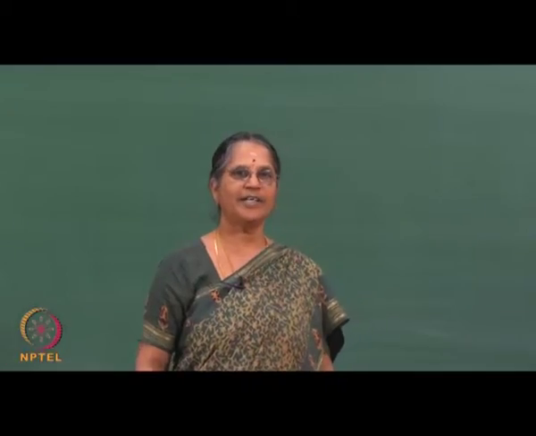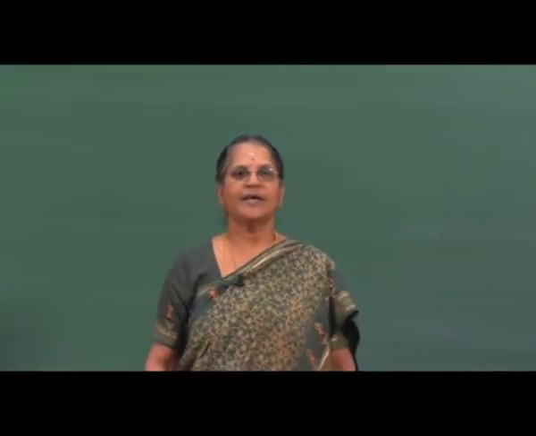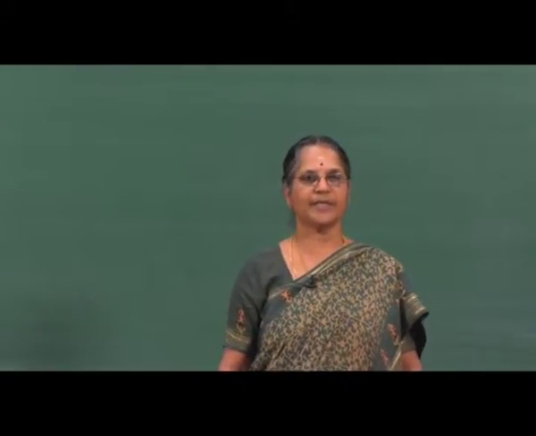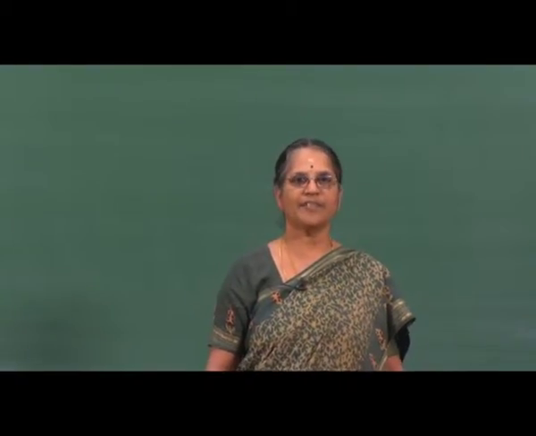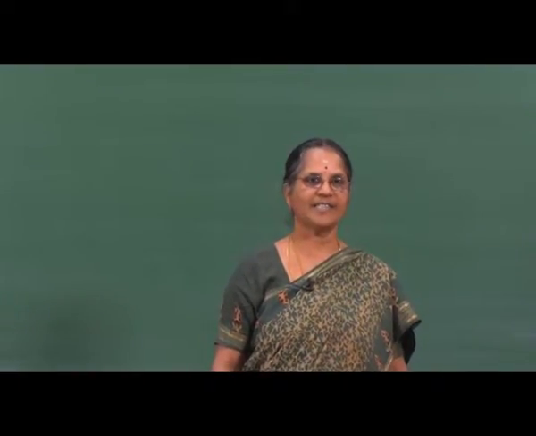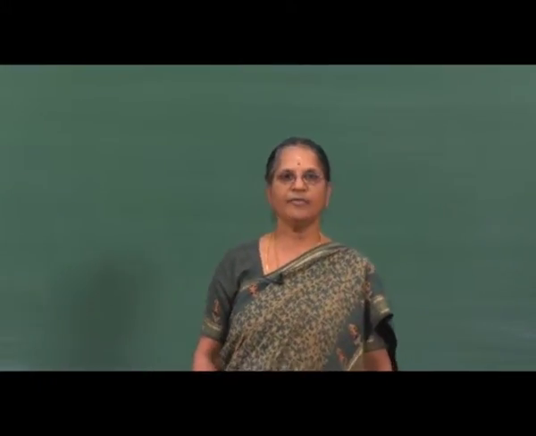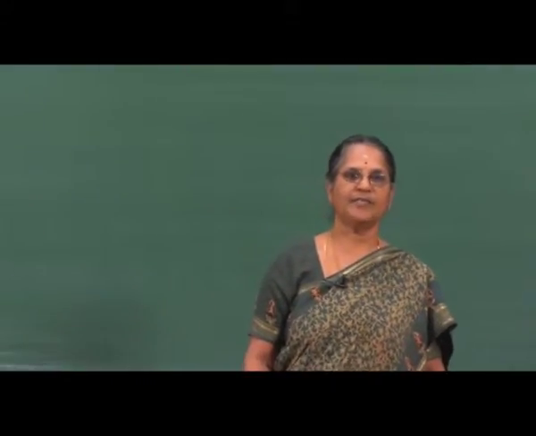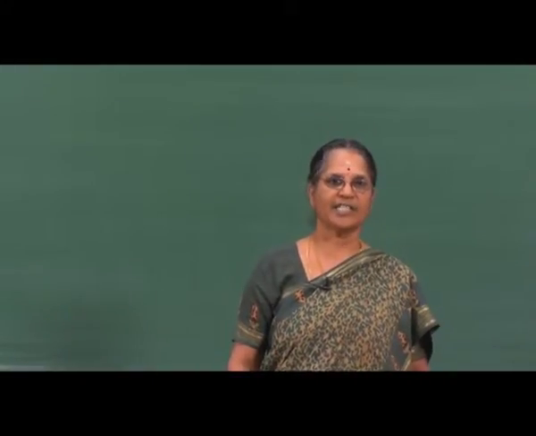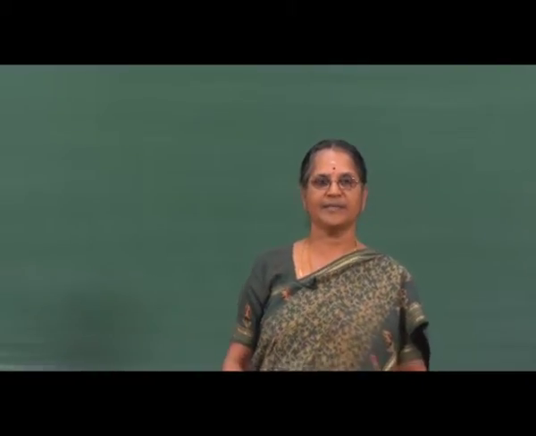Good morning everyone. In the previous classes we developed interpolating polynomials at a set of discrete points which are equally spaced. We used the concept of forward and backward differences and developed these interpolating polynomials. Now we will see how we can obtain interpolating polynomials which interpolate a given function at a set of discrete points which need not be equally spaced.